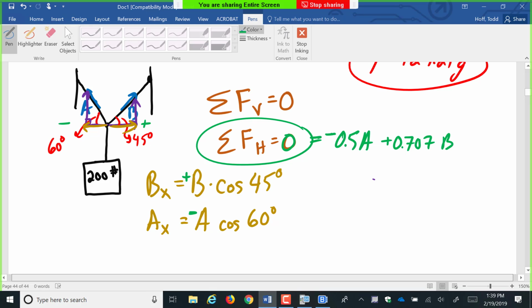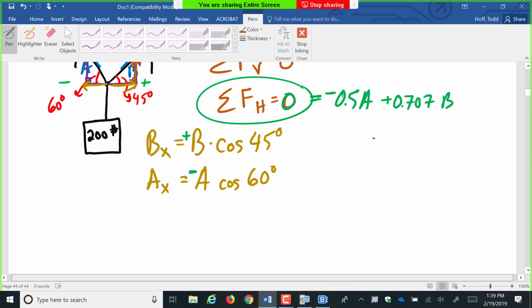For the vertical forces, this vertical component of B, we'll call that BY, is B times the sine of 45 degrees.